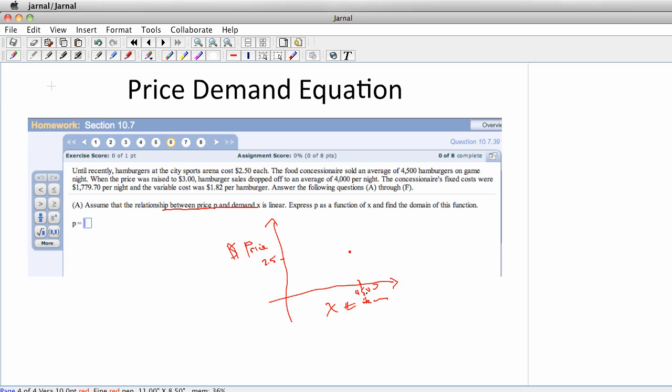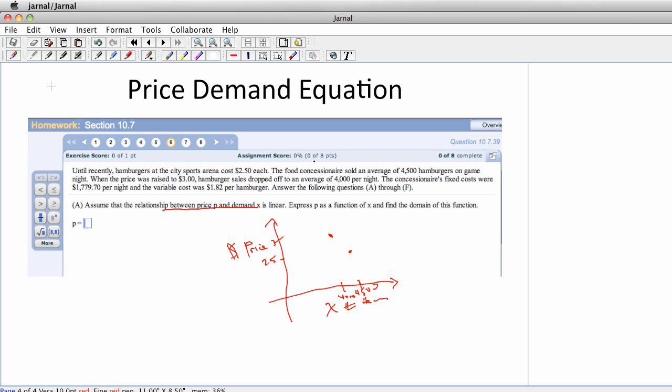And so what we do is we collect data based on how much we charge and how many we sell at that price. So the data tells us that at a price of $2.50, we're able to sell 4,500, but if we raise the price to $3, then our sales will fall to 4,000. So we're told that we have these two data points.